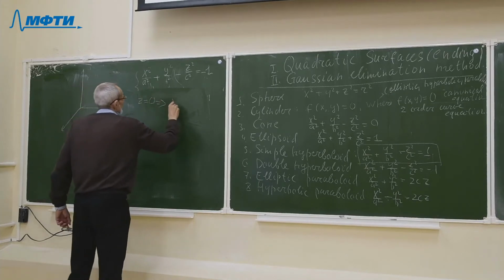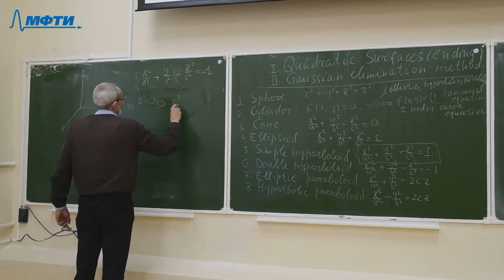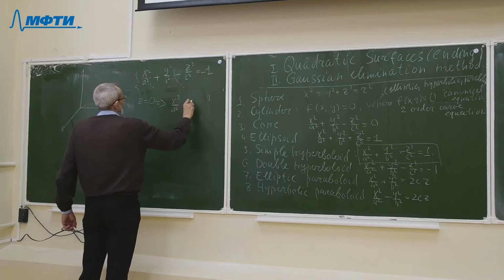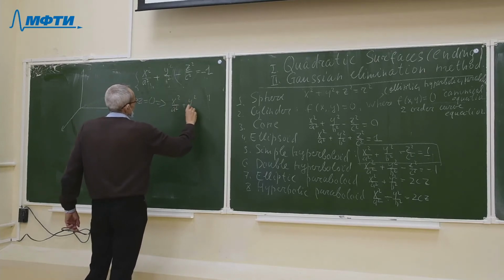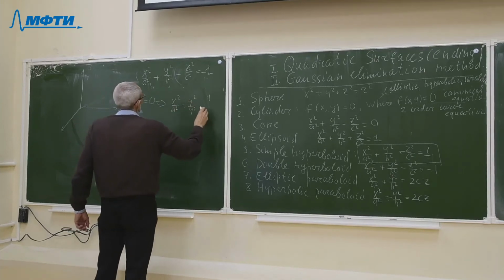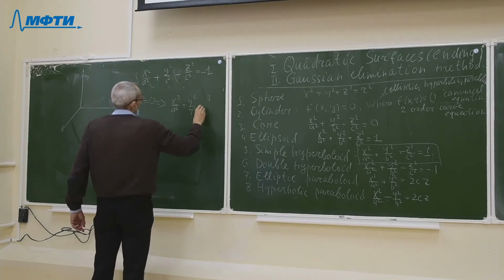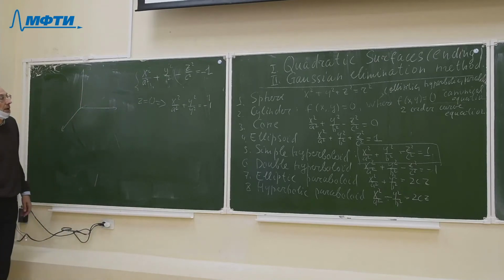In this case, we obtain x square divided by a square plus y square divided by b square is equal to -1, and we obtain the empty set.